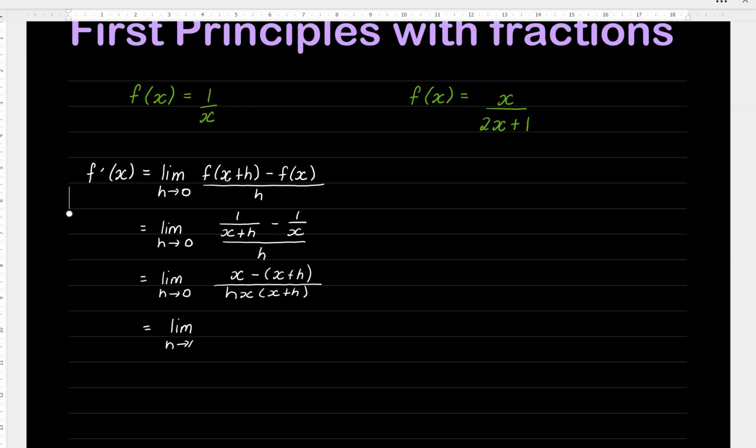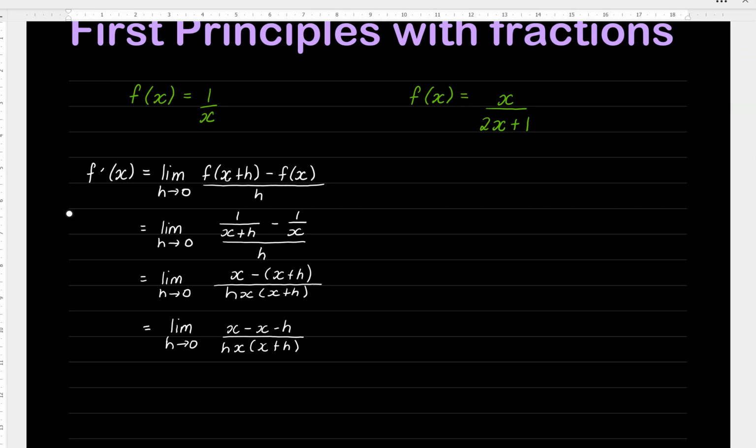We want to eventually replace h with 0, but we can't do it until we pull out a common factor on the top line. So we simplify our top line, it becomes x. We're minusing x, and then we're minusing h, so we're expanding that bracket. Do not, I repeat, do not expand the denominator because it is already factorized for us.